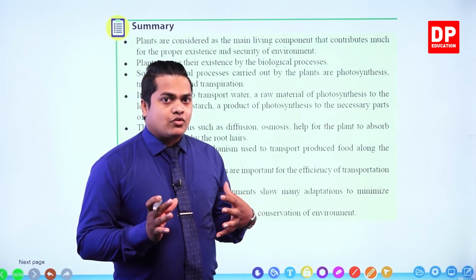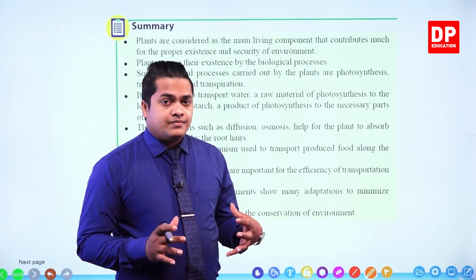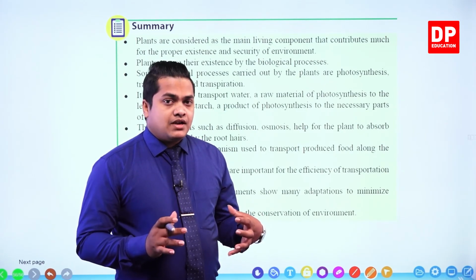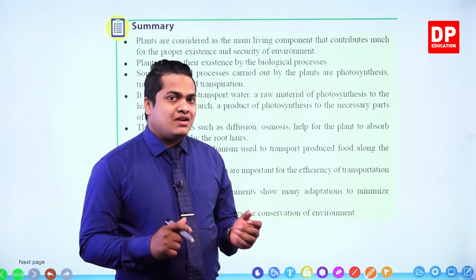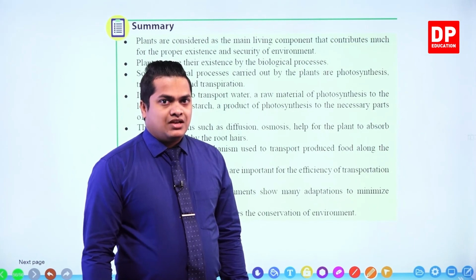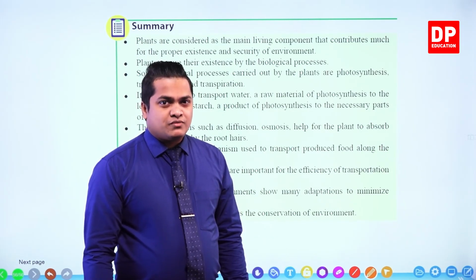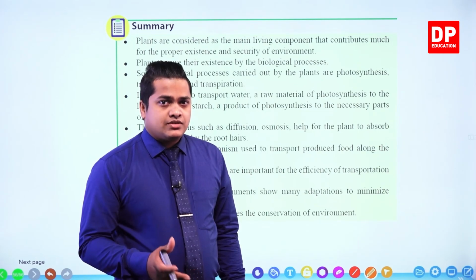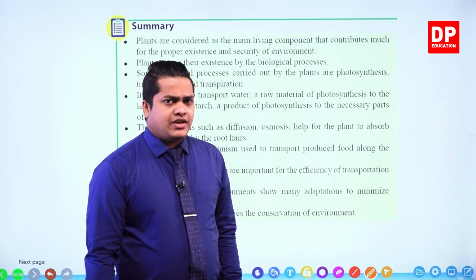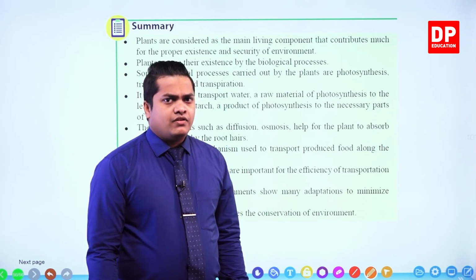The plants that grow in arid areas should show different adaptations in order to minimize the rate of transpiration, like having spines, leaves reduced to spines, shrunken leaves, sunken stomata, and waxy cuticles. So we discussed several adaptations that can be seen in plants in order to minimize the rate of transpiration.